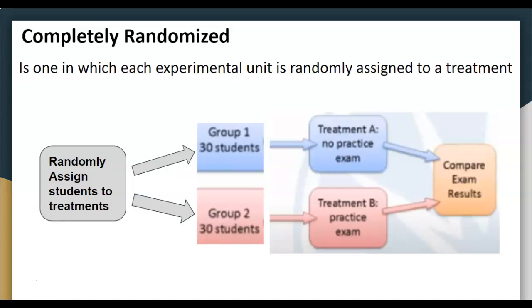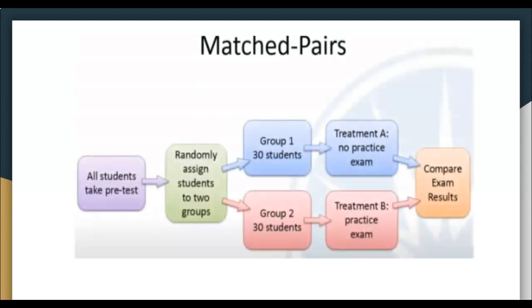So one way you could correct for this, because you might be thinking that it's not evenly distributed, is we could do a pre-test and post-test. This is called matched pairs. Matched pair design is an experimental design in which the experimental units are paired up.